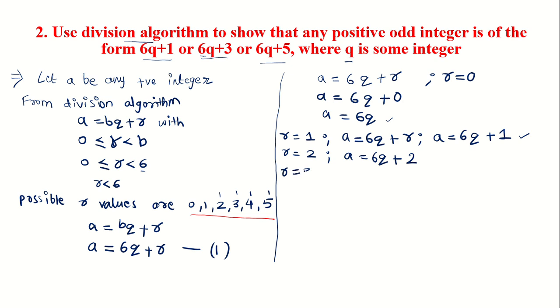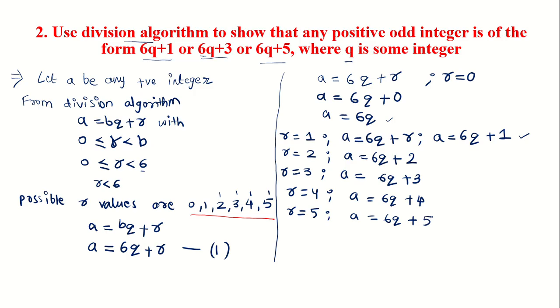When r equals 3, a equals 6q plus 3. When r equals 4, a equals 6q plus 4. What is the last value we need to look? 5. When r equals 5, a equals 6q plus 5.